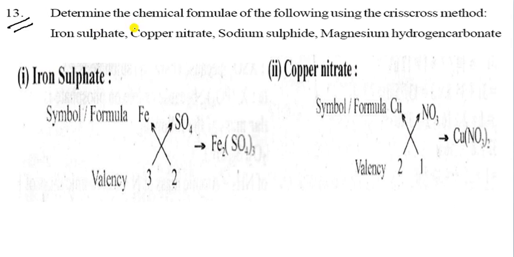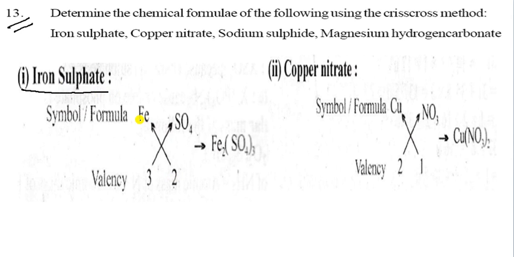Now come to the 13th question. Determine the chemical formula of the following using the criss-cross method: iron sulfate, copper nitrate, sodium sulfide, magnesium hydrogen carbonate. So let us see.